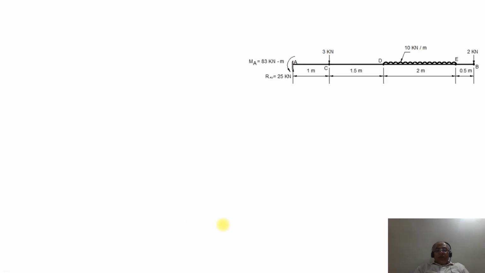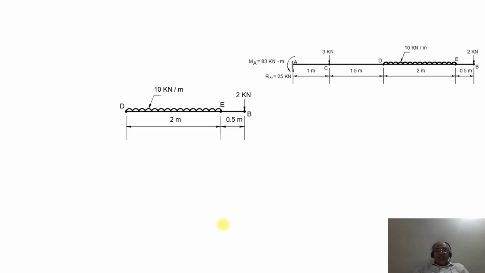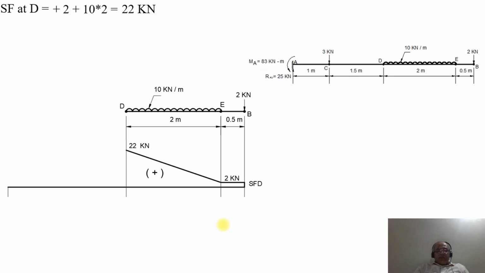Now we go for between D, E and B. When considering this, what is SF at D? SF at D will be equal to plus 2 plus 10 into 2, so that will be equal to 22 kilonewton. As it is a UDL, from 2 kilonewton it rises to 22 kilonewton, because from E to D there is a uniformly distributed load of 10 kilonewton per meter over a span of 2 meters.